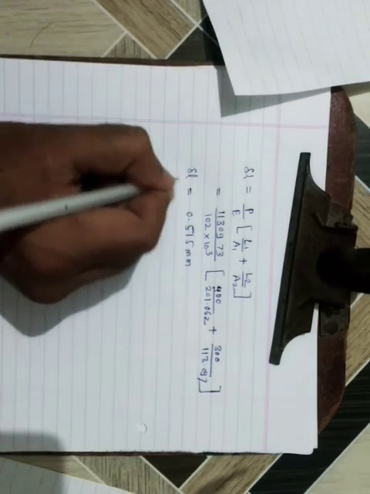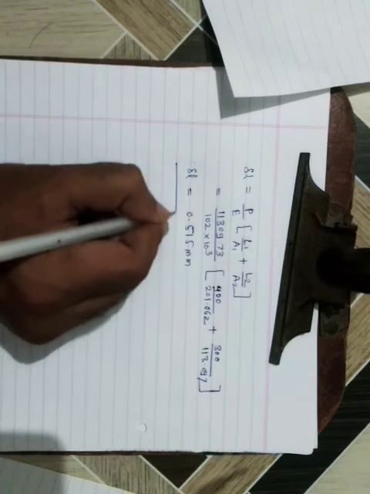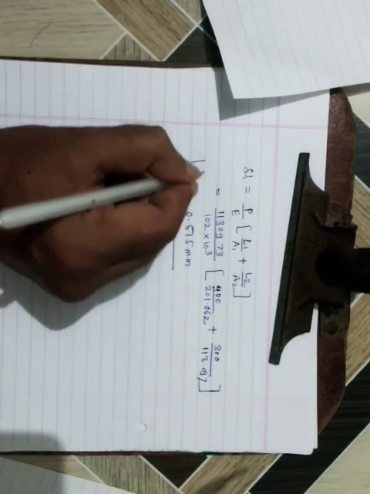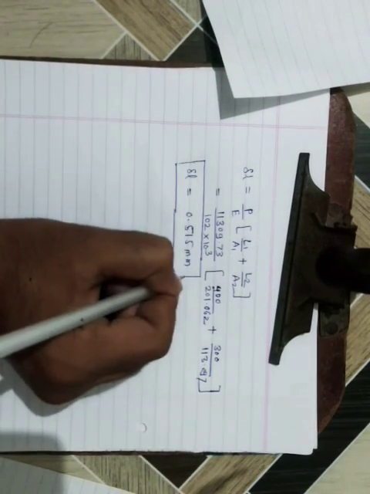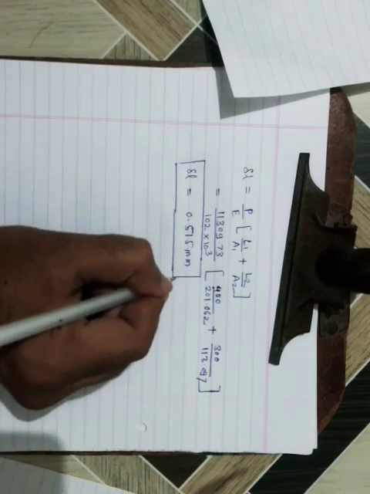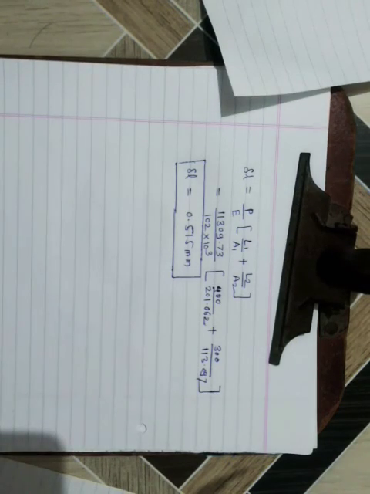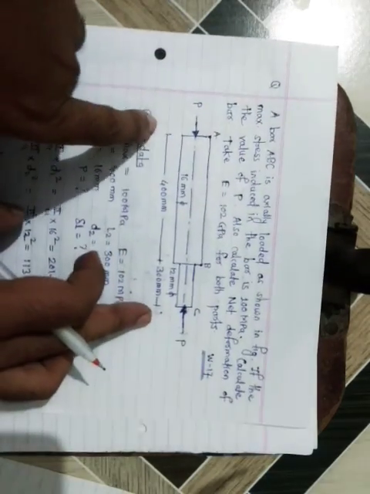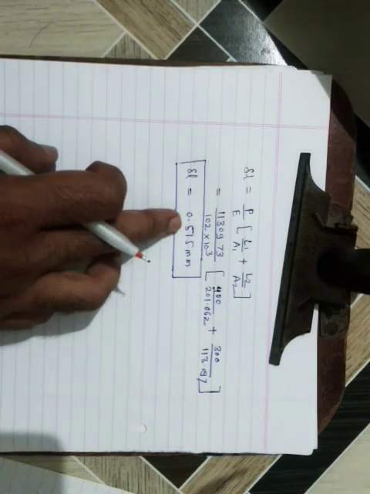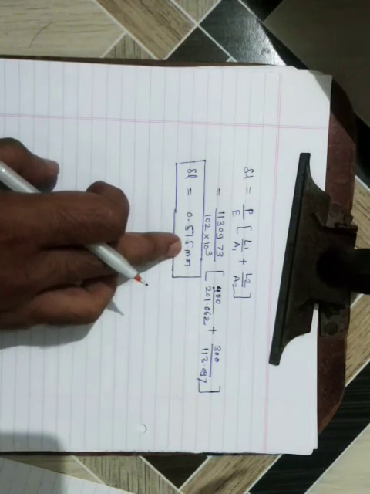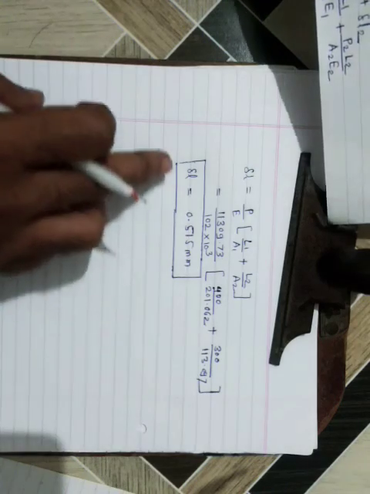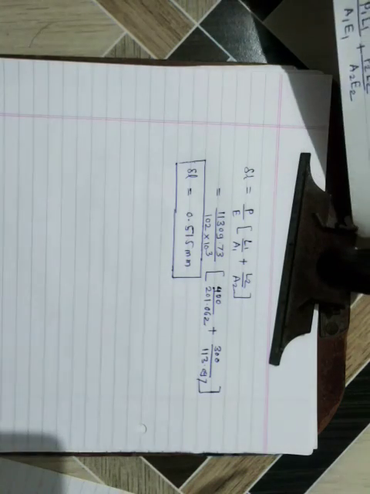This is the delta L. The overall deflection of the bar is 0.515 mm. That is, this bar is compressed, hence the length is decreased by 0.515 mm. Okay, the problem is over. Thank you.